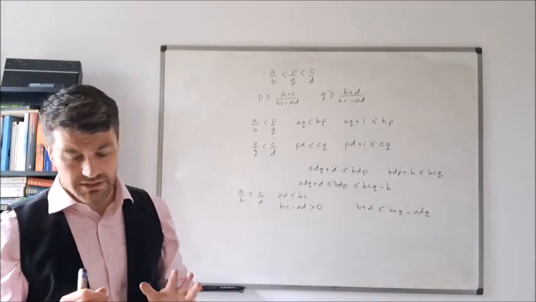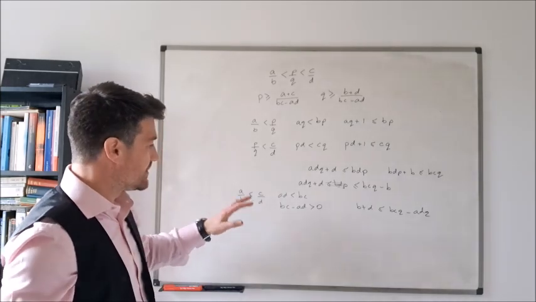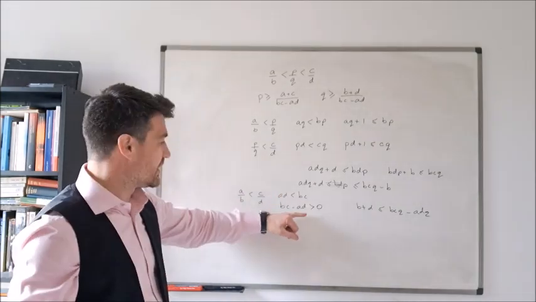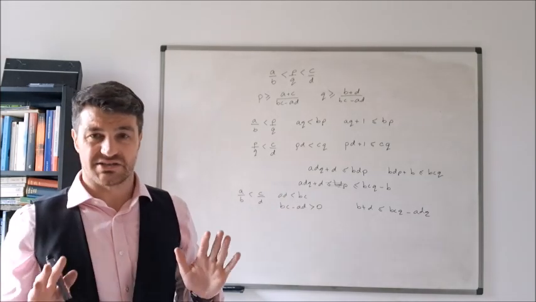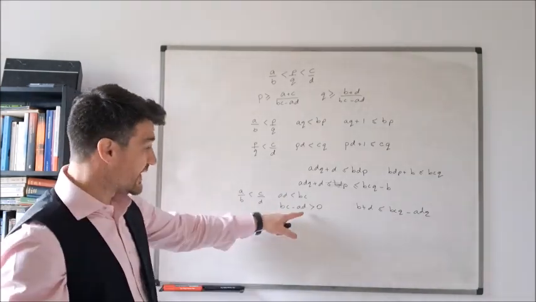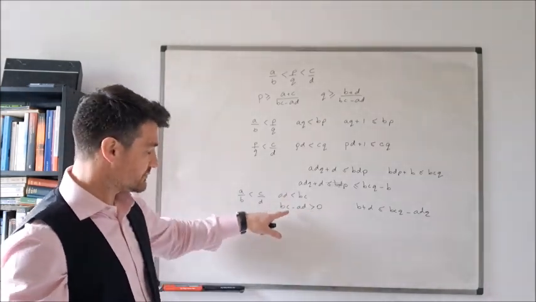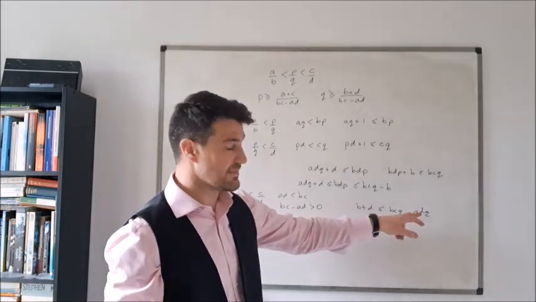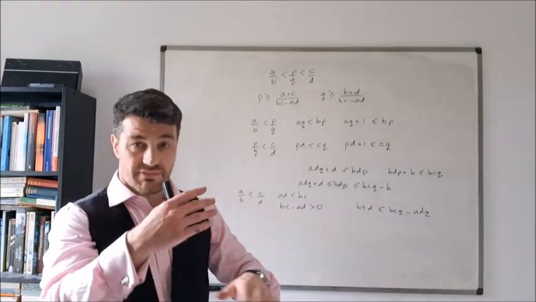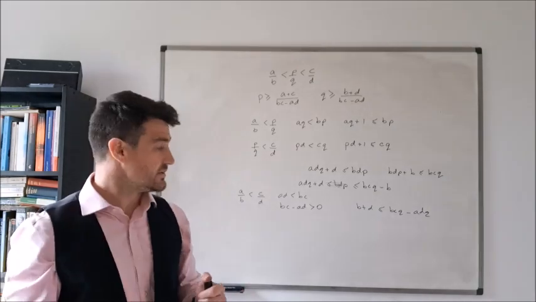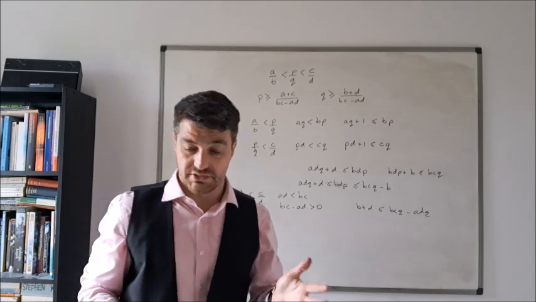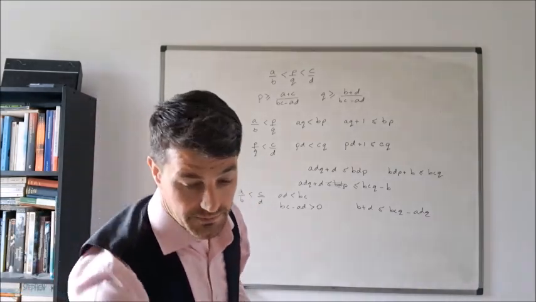Maybe I was a little bit careless when I went through my solution, but that would be worth pointing out as well. Just that BC minus AD is going to be greater than 0. Because then when you divide through here by BC minus AD, you're definitely dividing through by a positive number. Okay, and that gives us the solution to that particular problem.